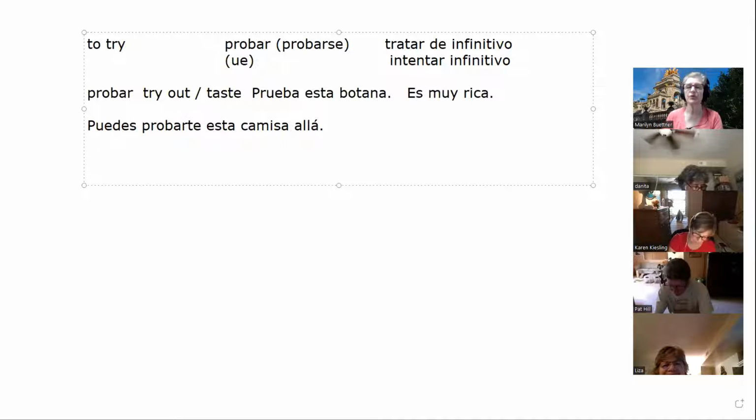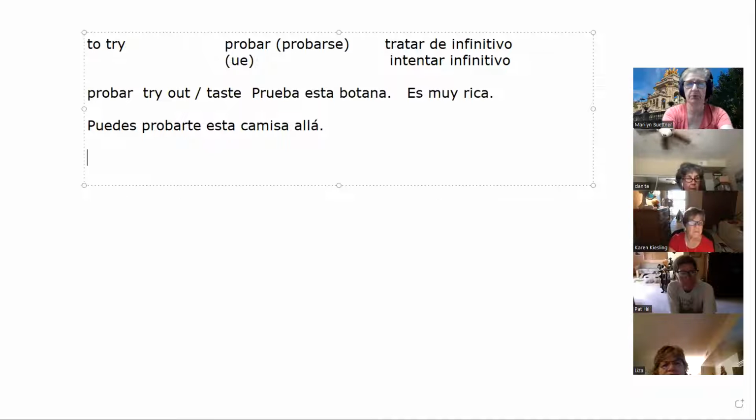Now, the other two, tratar de and intentar, are really interchangeable. We can use either one. They're synonyms, okay? But they're used not for try something out, but for to try to do something, okay? Meaning you're attempting to do something.